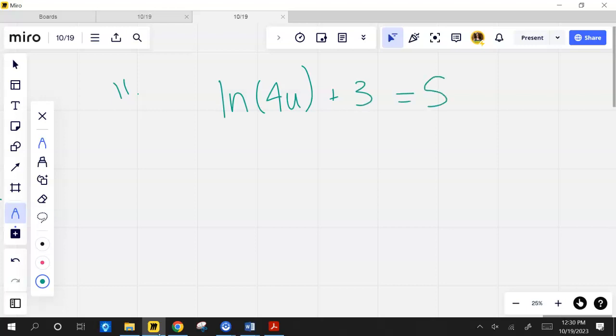I think y'all are just making it harder than what it is. If I isolate the log, subtract the 3 from both sides. So I got that's what I did too. Alright, now what you do? Change the form.